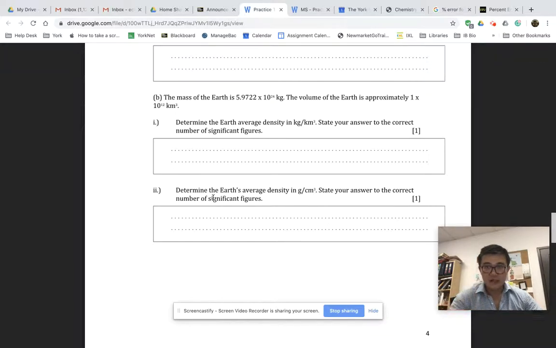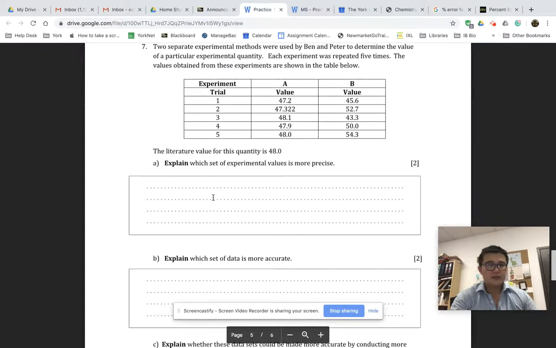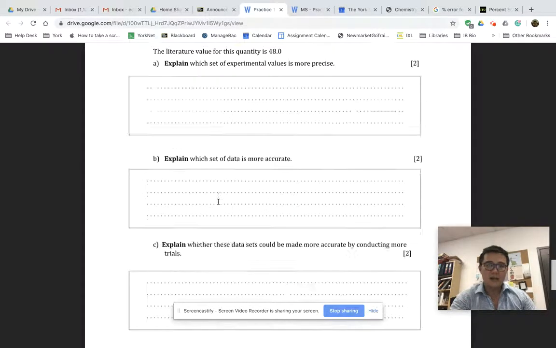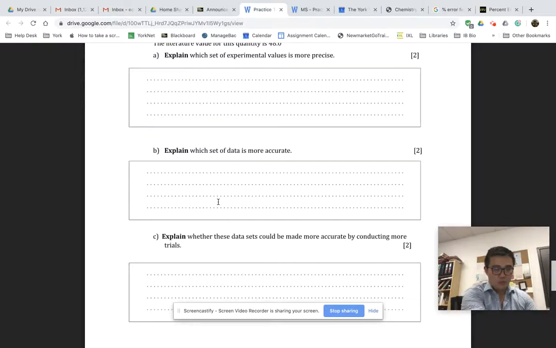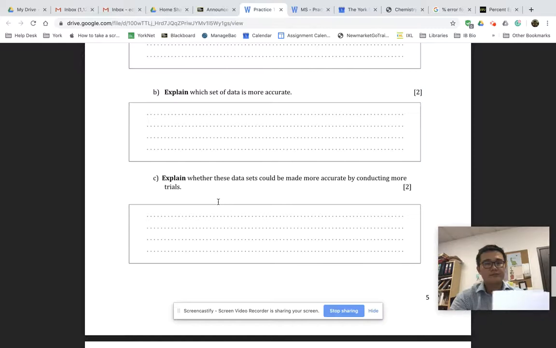You notice that we care about sigfigs a lot, so make sure you do a lot of practice. It's like tying knots. Number 7 here is a little bit more; they want you to talk about whether you understand how precision and accuracy work. So this whole thing is 11.1.